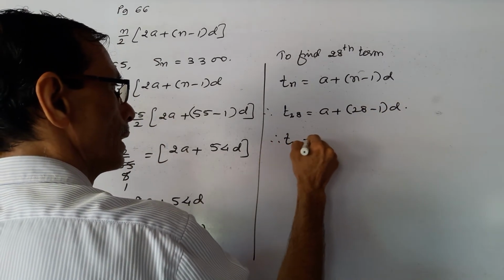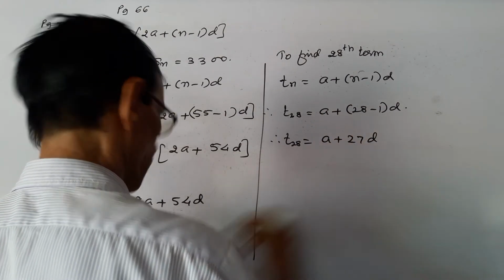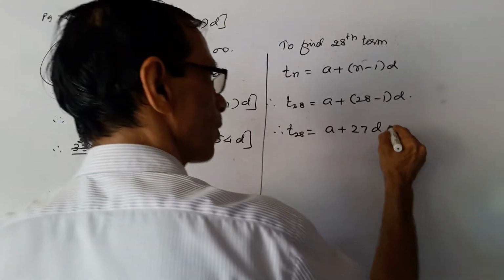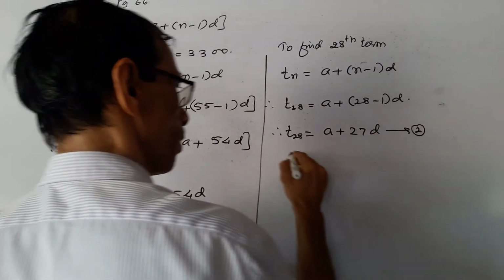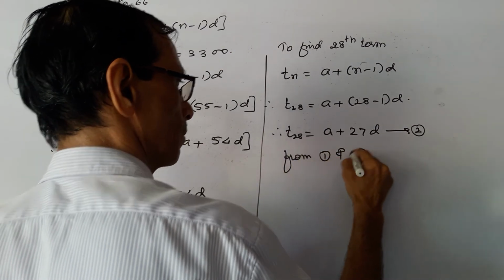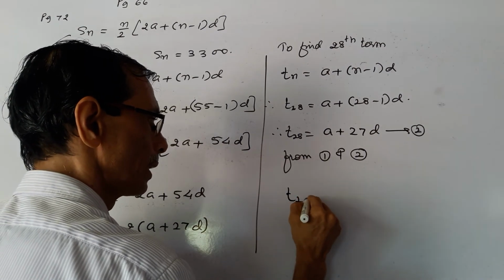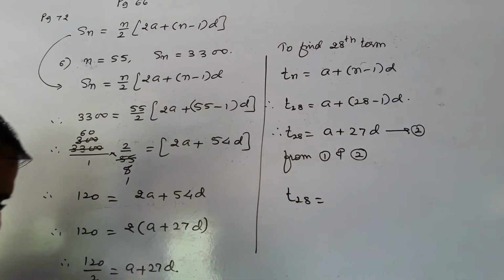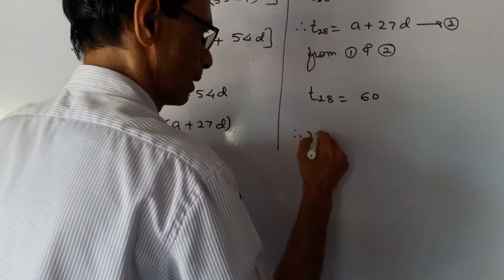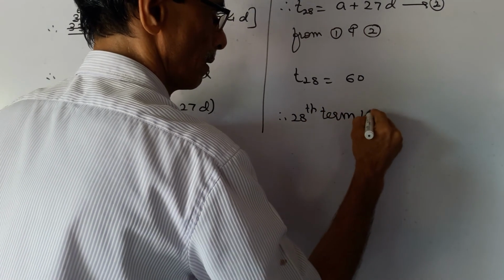Therefore T28 is equal to a plus 27d. But we know that a plus 27d is already given as 60, so from first and second, T28 is a plus 27d, but a plus 27d is 60, and therefore the 28th term is 60.